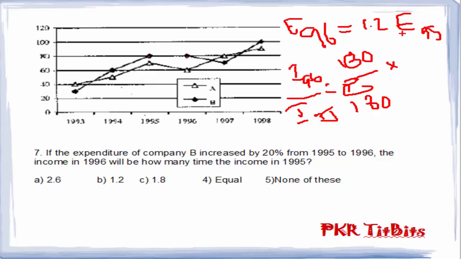E96 by E95 I can take directly as 1.2. So I96 is equal to 1.2 times I95. So our answer is 1.2.